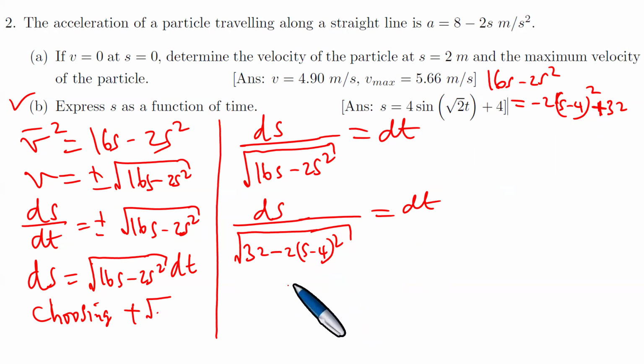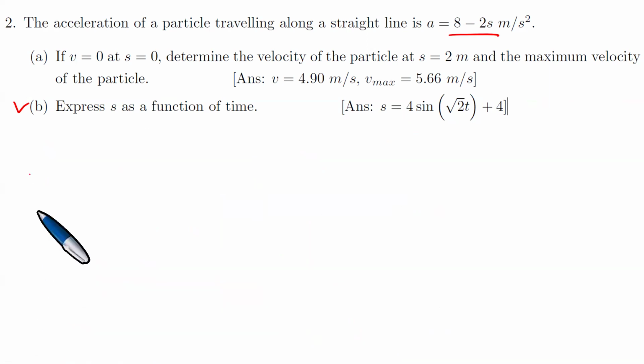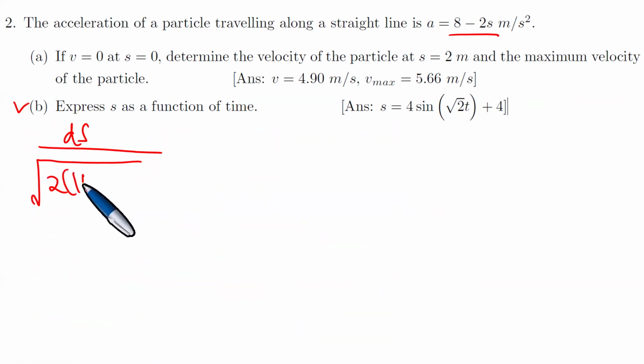We can factor out 2 from under the square root, so we have ds over the square root of 2 times the square root of 16 minus (s minus 4) squared, equals dt.